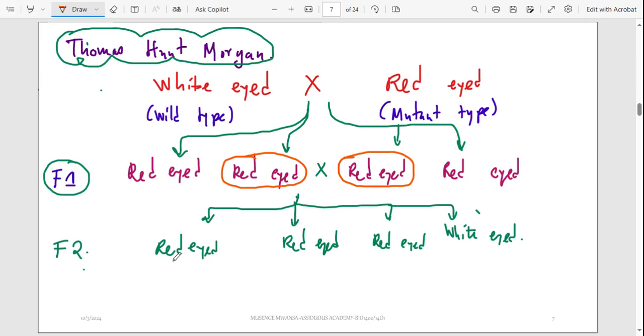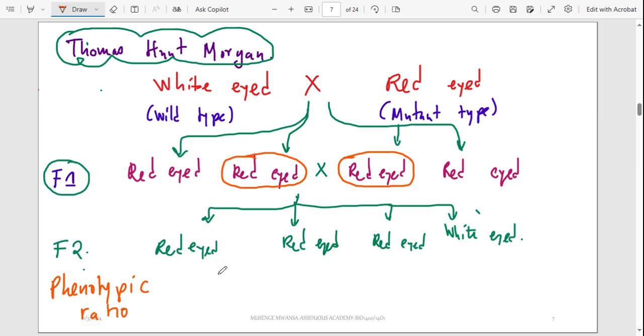So if you see, we have what we call the phenotypic ratio, right? Phenotype is the physical appearance of an organism. Can I write P for phenotypic? So I'm going to write P and ratio. So phenotypic ratio. So what was the phenotypic ratio here?